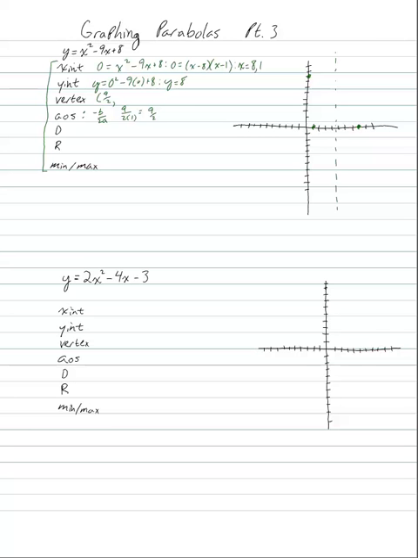Okay, so now I need to find the y-coordinate of this, so I can do that by subbing it in. Y equals 9 halves squared minus 9 times 9 halves plus 8. So 81 over 4 minus 81 over 2 plus 8. Find a common denominator: 81 over 4, minus 81 times 2, 162 over 4, plus 32 over 4.